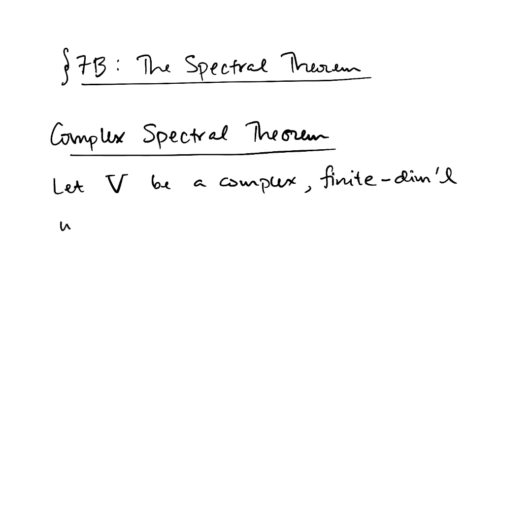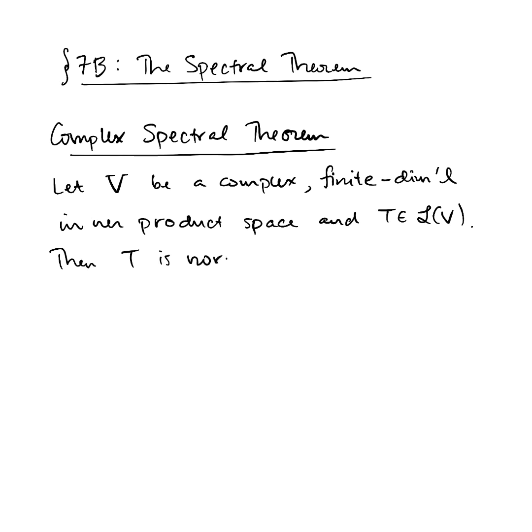So we start with a complex finite dimensional inner product space, and you've got an operator T on that inner product space V. Now, the beauty of this spectral theorem is that it tells us exactly what the normal operators are.